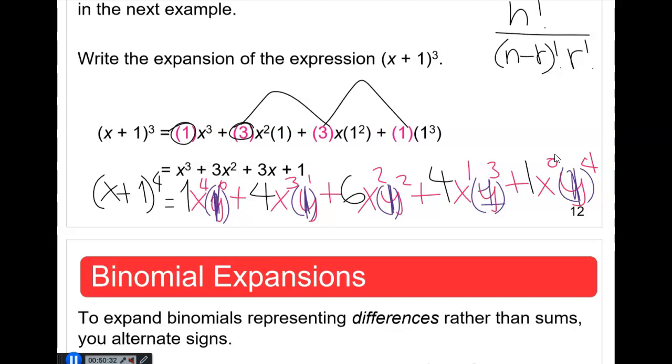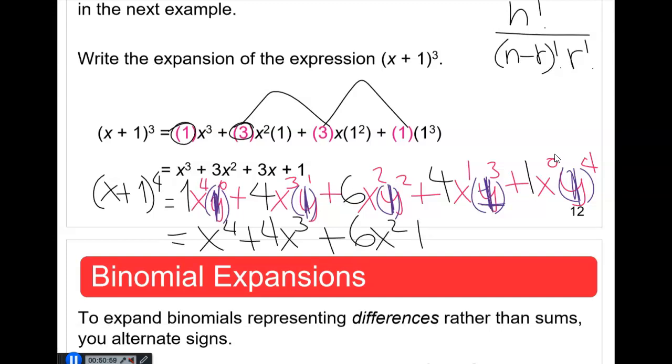And so because it is a 1, it doesn't matter to what power we're raising the number 1, it will always be 1. So to give the final answer to this question, it will be x to the 4 times 1. Then we have 4x cubed times 1, 6x squared times 1.